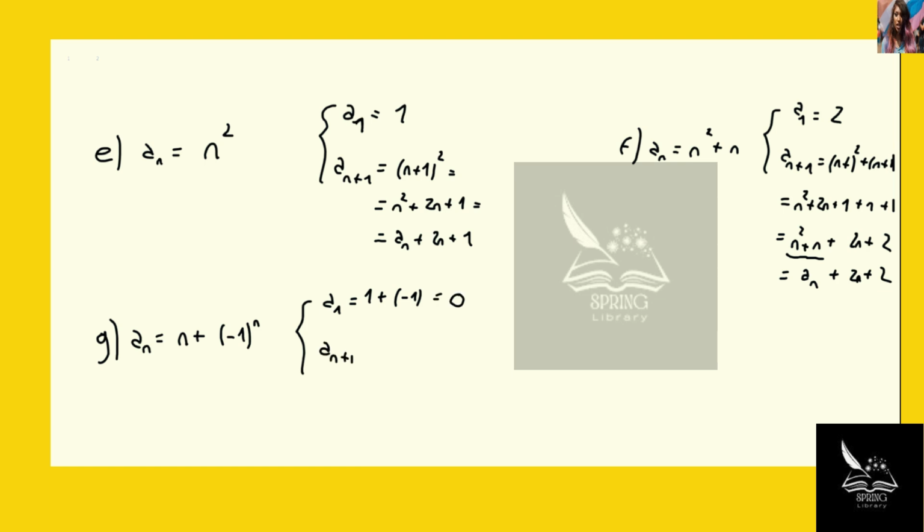Now the next entry is n plus 1 plus (-1)^(n+1). Well, let's write it explicitly: (-1) to the power of n that multiplies minus 1. So it is n plus 1, then we have minus (-1) to the power of n.